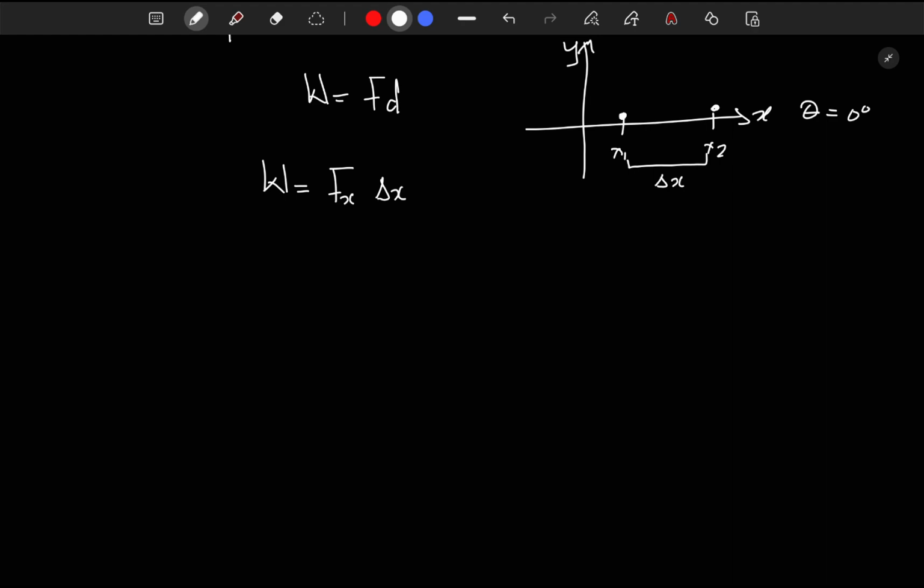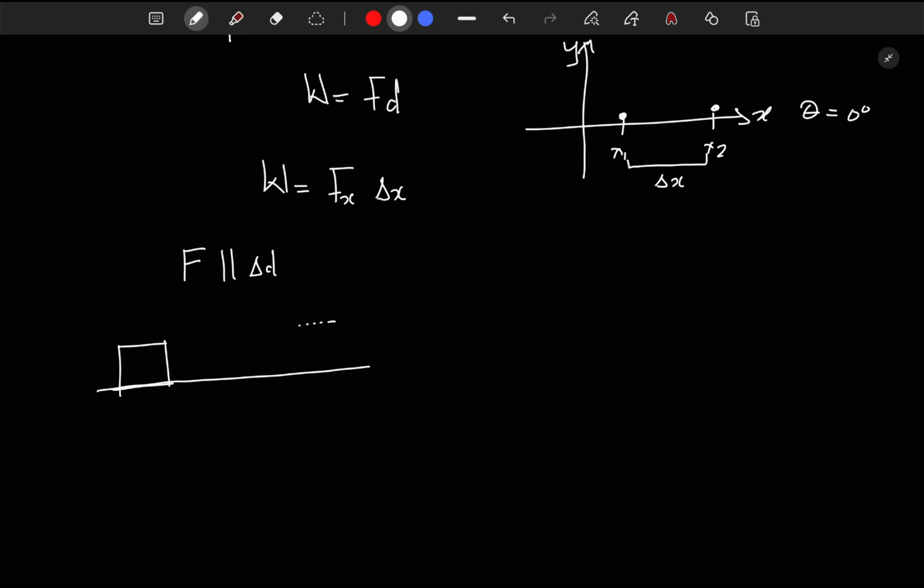Take note that for work to be done, the force and the displacement should be parallel to each other. So what do we mean? We mean the force should be parallel to the displacement, delta d, the change in displacement. They should be parallel to one another. So let's assume this is a box, and this is where the displacement is taking place.